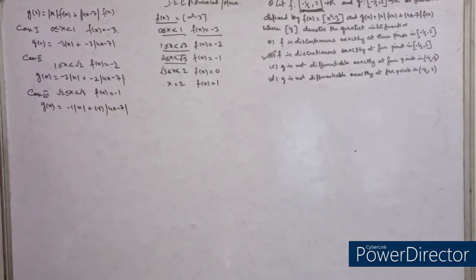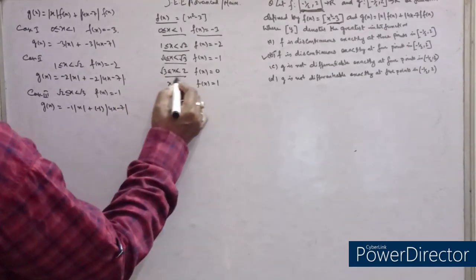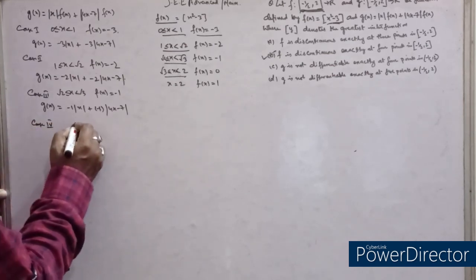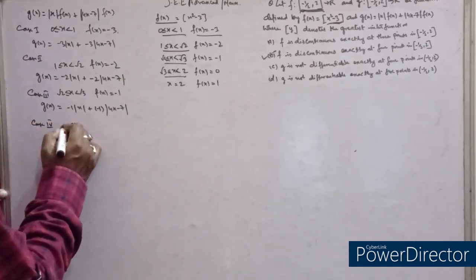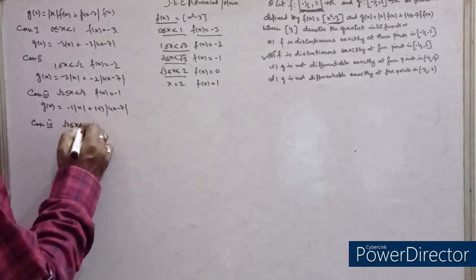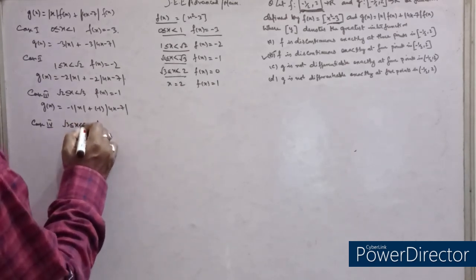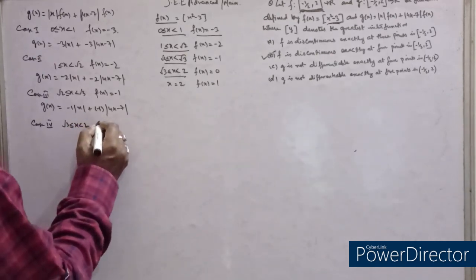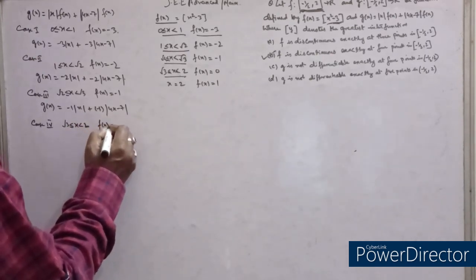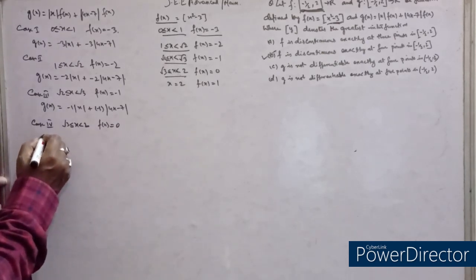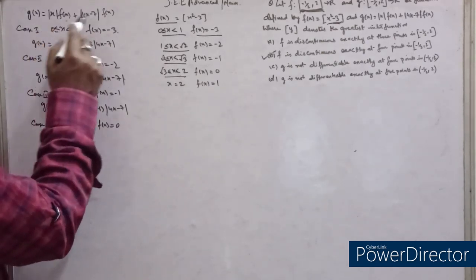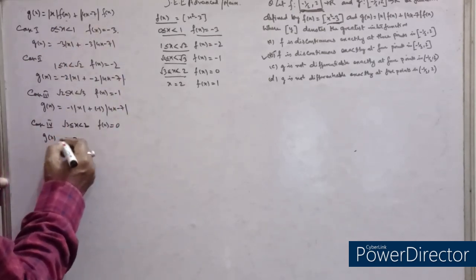Now for case 4, x is greater than or equal to root 3 and less than 2, your f(x) is equal to 0, so your g(x) will be 0.